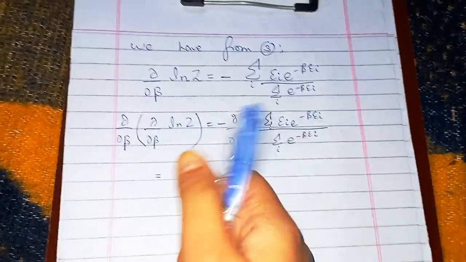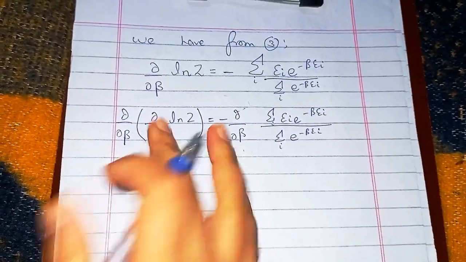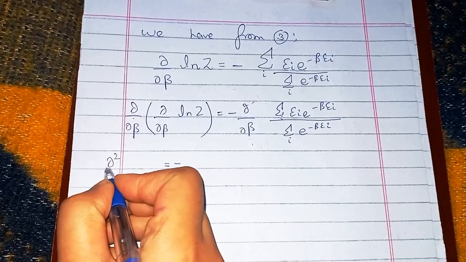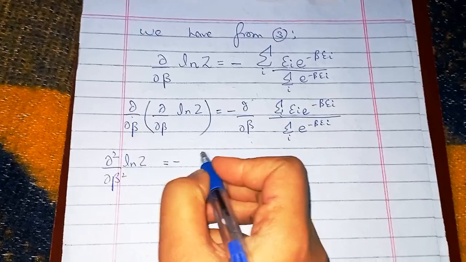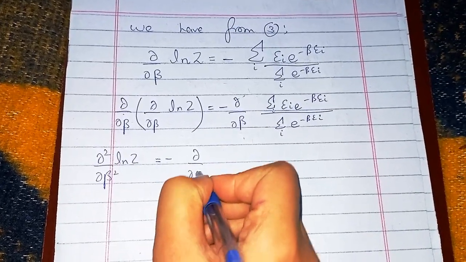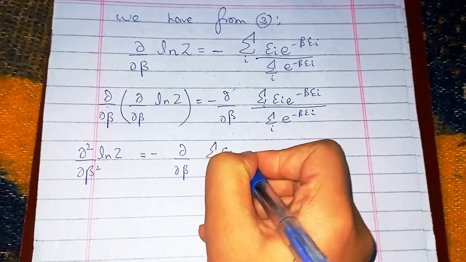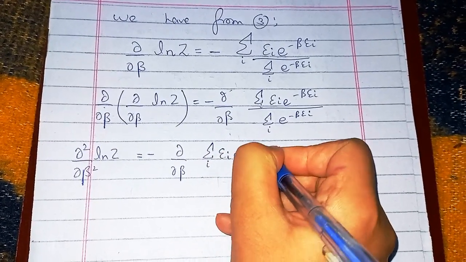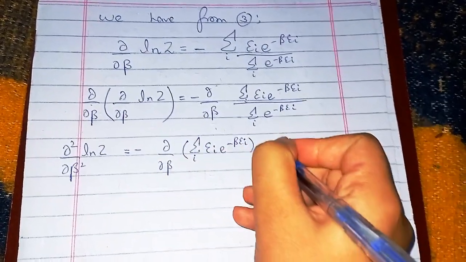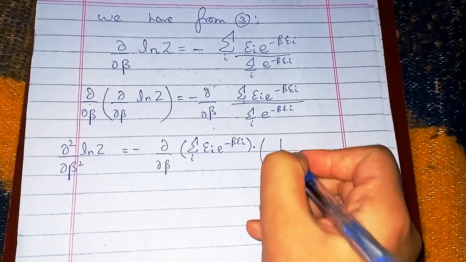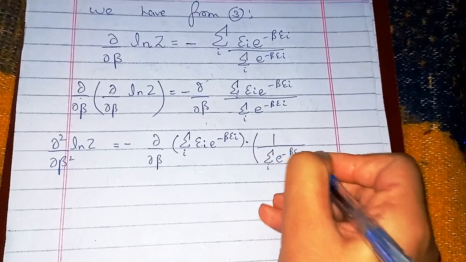For simplification, this negative is just outside. This side becomes partial square by partial beta square because it's a double derivative. And negative partial by partial beta, we have two terms here. I'll use the product rule here because it will be easier. This is the numerator term, that is the first term, and we have another term which is 1 over summation over i of e to the power minus beta ei, that's the second term.